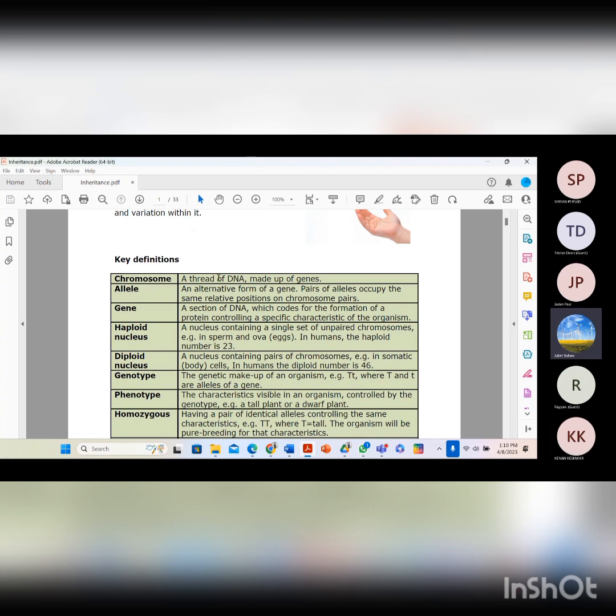It's made up of DNA. DNA is the molecule that builds the structure, and it contains genes. An allele, you could say, is an alternative form of a gene. It's part of a gene, and they are in pairs. So pairs of alleles occupy the same relative position on a chromosome pair.